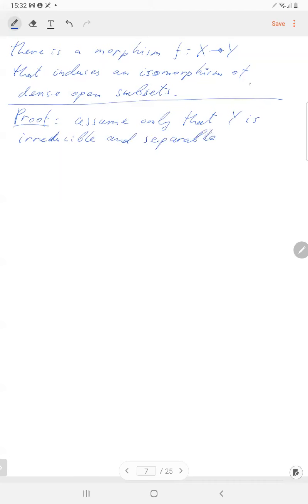If you remember from the last time, separable means that the diagonal is closed in the square of y. Then there is a projective and irreducible variety x, and a closed subvariety z in their product.